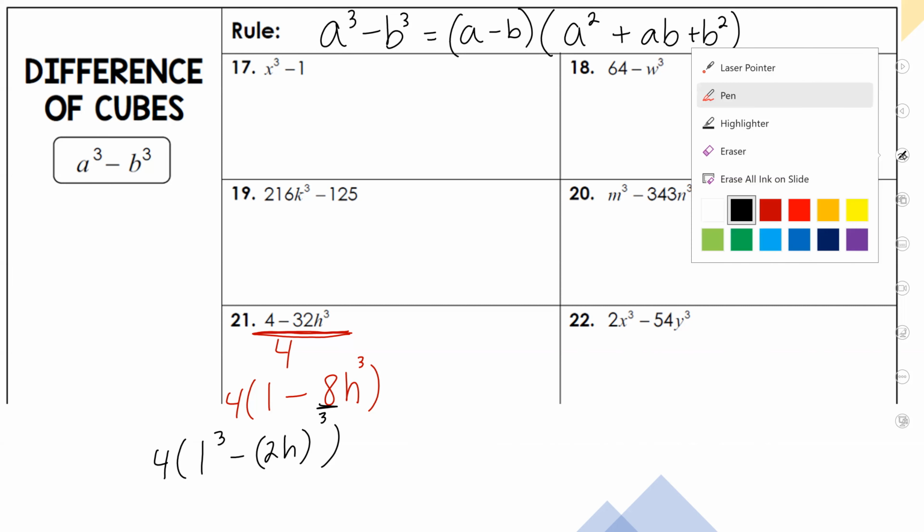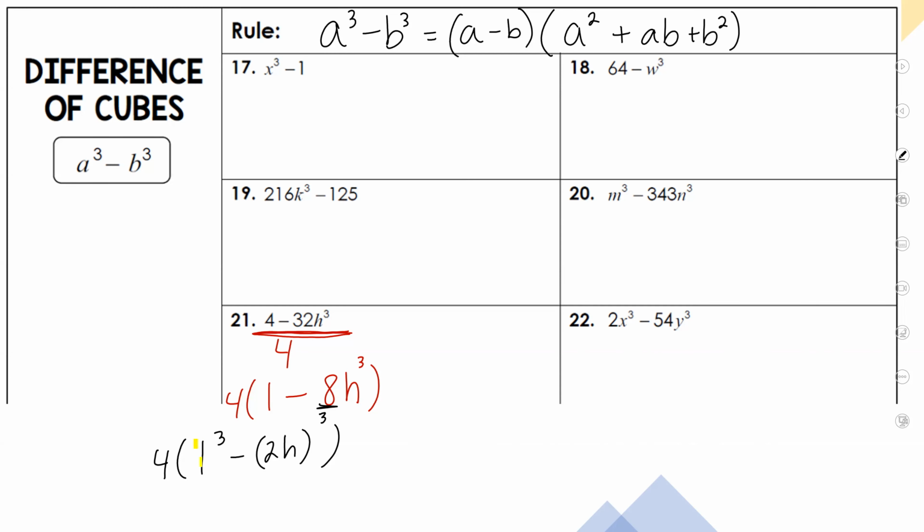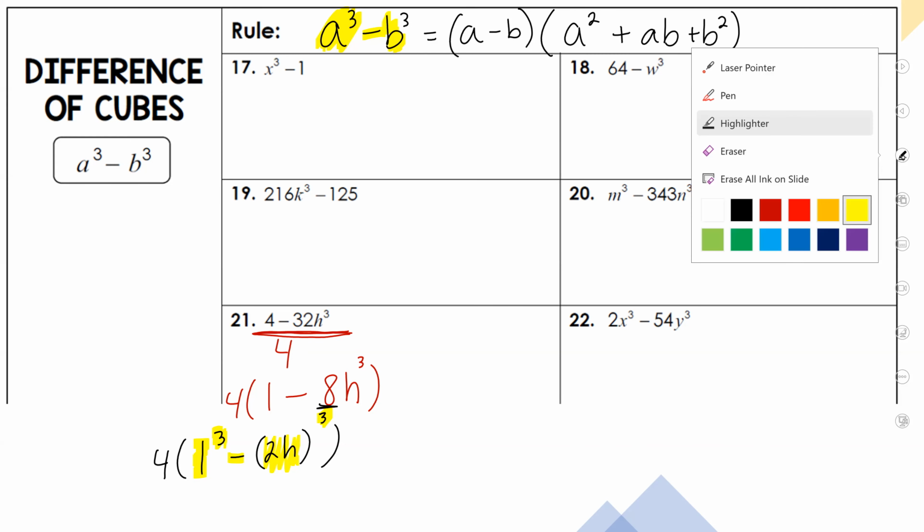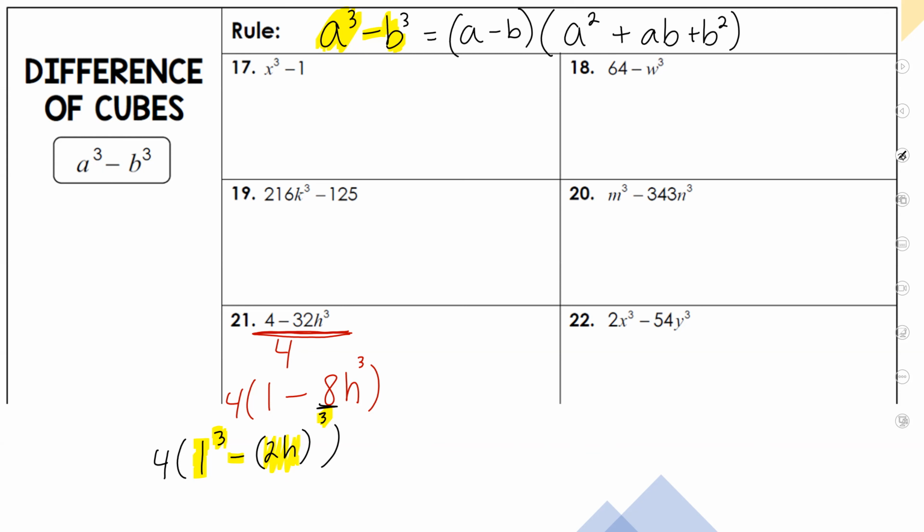Okay, so let me highlight what we have. I have an A value cubed. That's what I want, A cubed, minus the B value cubed. So this is my B value and it's cubed. So now let's use the formula. The formula says A minus B, so that'll be 1 minus 2H.